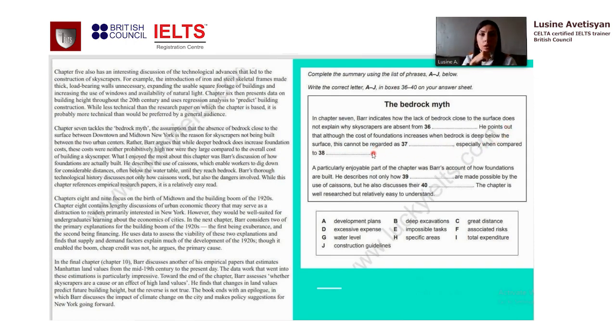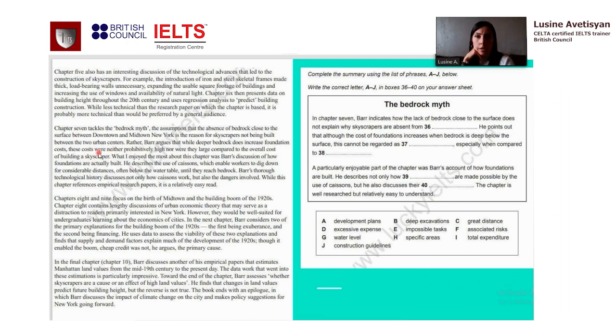So here, the idea of the sentence is about money, the costs, the funds, although the cost of foundations increases when the bedrock is deep below the surface. Let's find this part. He argues that while deeper bedrock does increase foundation costs, these costs were neither prohibitively high nor were they large compared to overall cost.